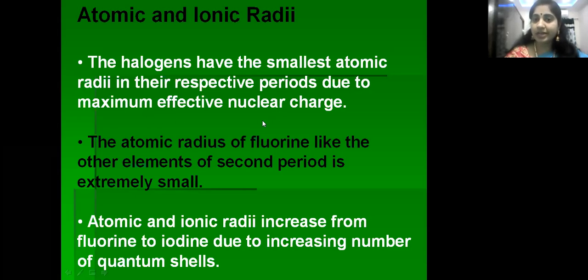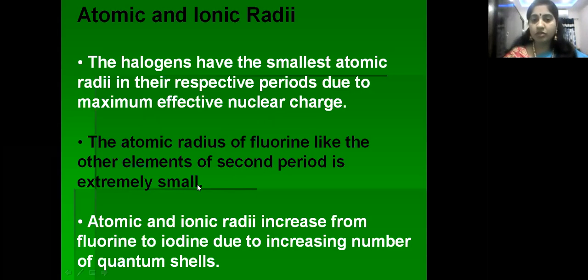Suppose if you consider the second period, fluorine is having very small size. If you consider the third period, chlorine is having very small size because it is present on the right hand side of the periodic table, because of the increase of effective nuclear charge, right children? Next, the atomic radius of fluorine, like the other elements of the second period, is extremely small.